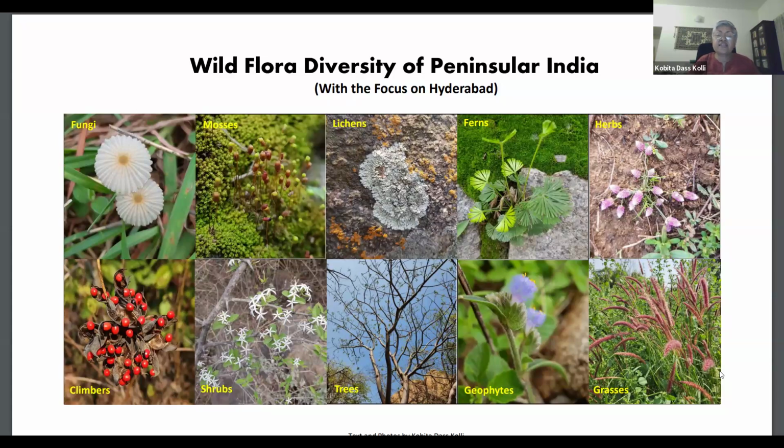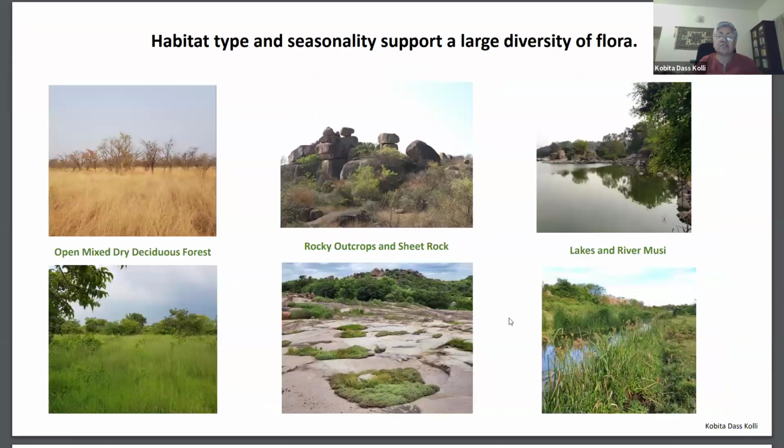Ashwin, can we have the next slide, please? Thank you. So depending on the habitat that you have around you, you will find the vegetation that matches that.